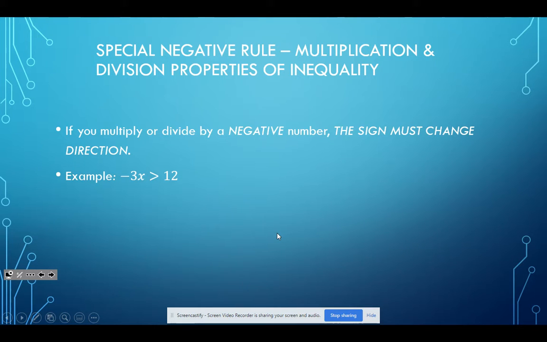In solving this inequality, I would divide both sides by negative 3 using the division property of inequality. However, because I divided by a negative number, I must now flip the direction of the sign. So x is now less than negative 4.